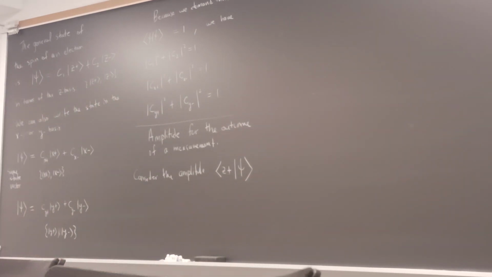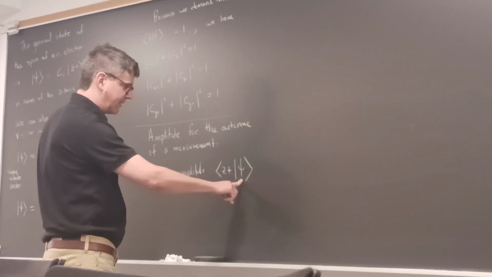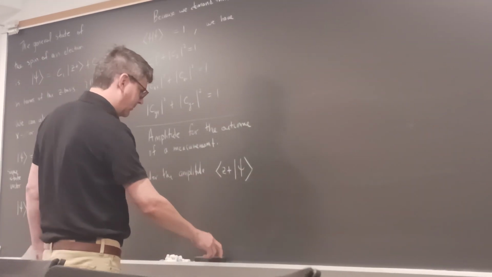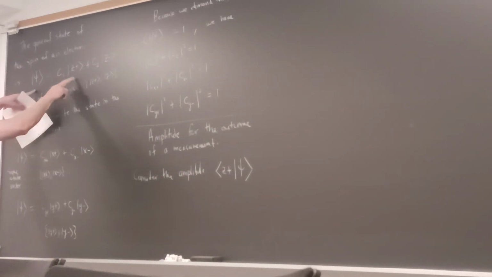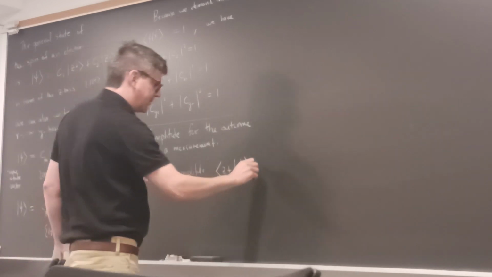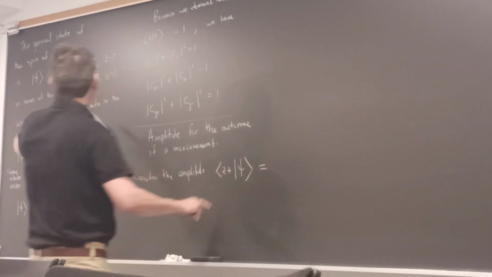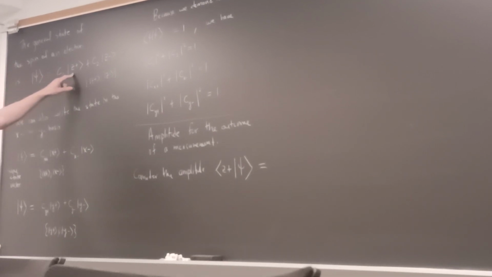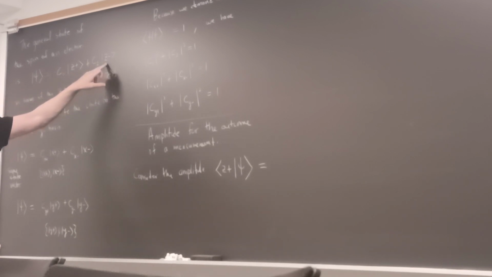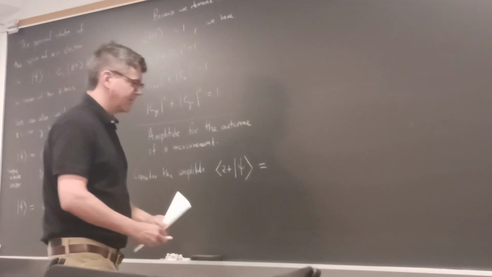So this is an inner product between the state vector and this basis vector. And so from the definition that we wrote down over here, this amplitude has a value. If I take the inner product on the left here with Z plus, then it will hit this Z plus and give me 1. So I'll have a coefficient C1, and then Z plus with Z minus will be 0, so I won't get any contribution there. So this will just be C1.